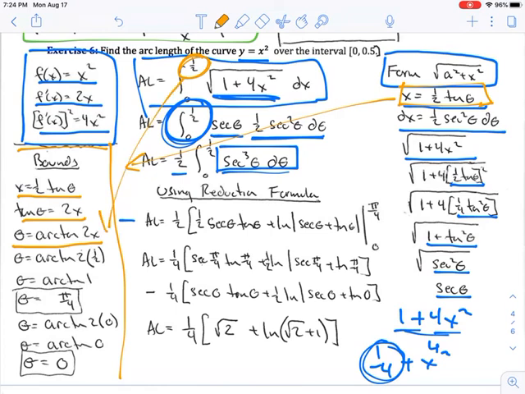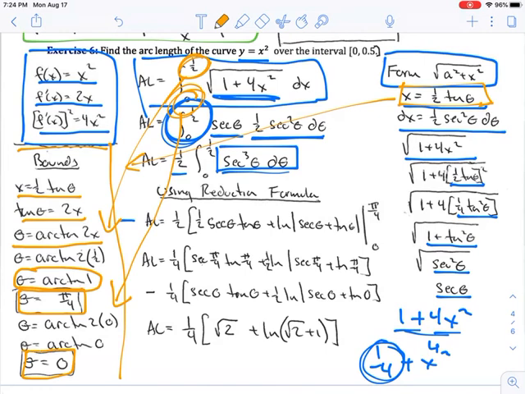Substitute 1/2 in there, 2 times 1/2 is 1. I get theta is the arctan of 1, which you can remember from trigonometry is pi over 4. Then substituting my lower bound 0, arctan of 2 times 0 is arctan of 0, which means theta is 0.